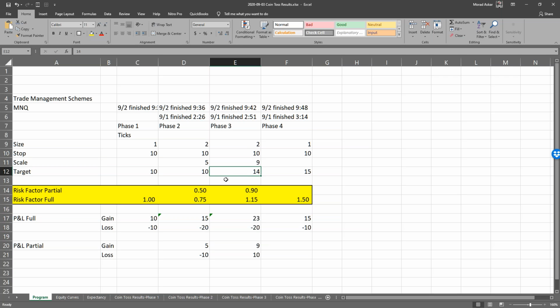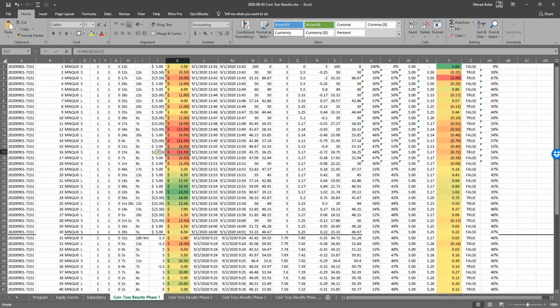And then we're shooting for a target of 14. In that case, if we get filled 1 and stop, we have a 0.9R, which is still lower than 1, not good, but this is on a partial. If we get a full fill, we go to 1.15R, okay? And then the final scheme is a 1 lot and we are risking 10, taking 15, a 1.5R, okay? So these are the trades.